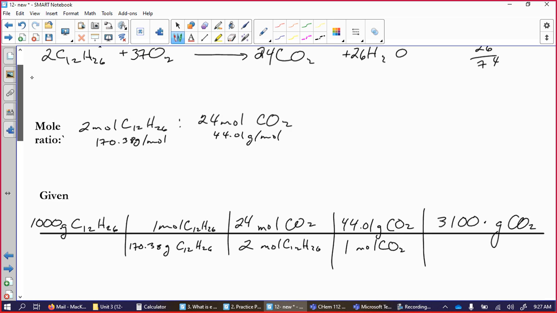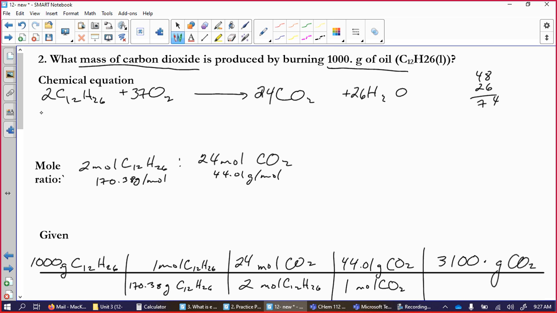So if I was doing it like in this sense, we said the molar mass is, and we're given 1,000 grams of this, and we want to find grams of that.